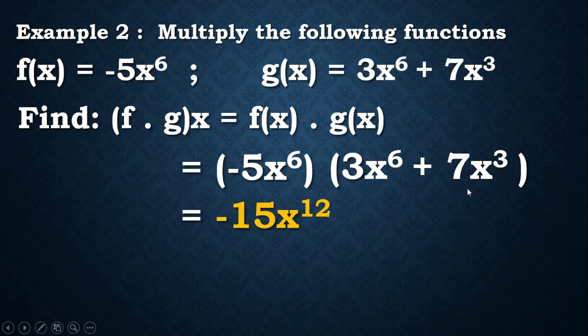Negative times positive, we have negative 35x to the 9th, since you have to add 6 plus 3, that is 9. We are in descending order because we are writing the final answer for example number 2 starting with the highest exponent, which is 12, and then 9. We have the answer negative 15x to the 12th minus 35x to the 9th.